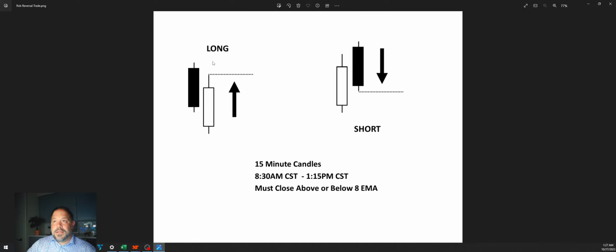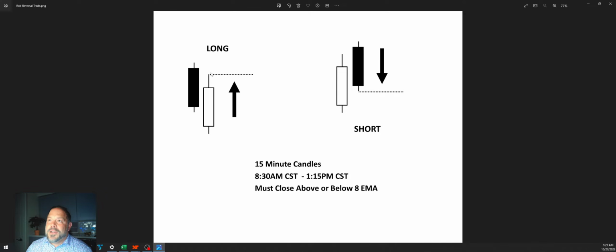Where's your entry? Entry is going to be once this candle closes. So you've got to wait 15 minutes, people. You really do have to wait the 15 minutes. Put your long order entry right here at the top of this wick. Now here is the important part. Well, there's a bunch of important parts, but here's a big one.